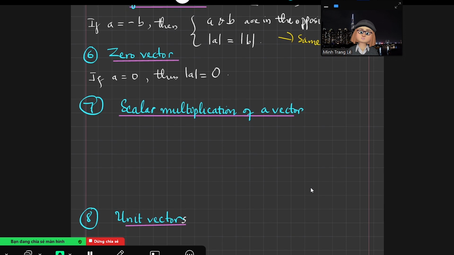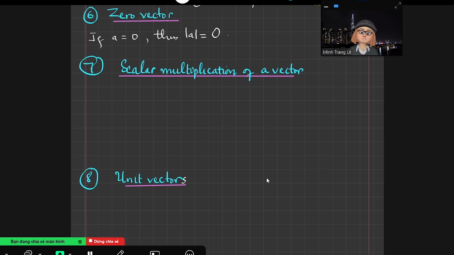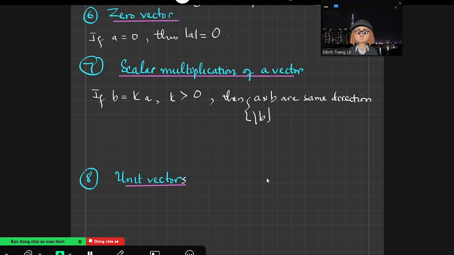Okay, next we continue with scalar multiplication of a vector. If b equals ka, where k is a constant bigger than 0, then a and b are in the same direction, and the magnitude of b equals the magnitude of k times the magnitude of a.